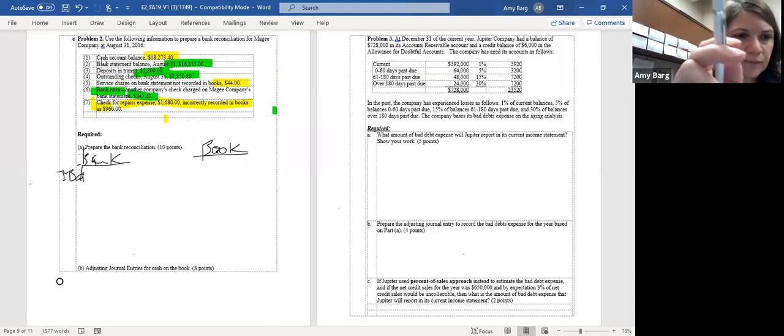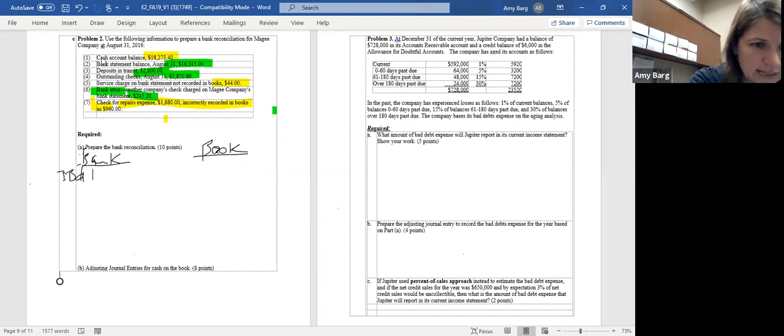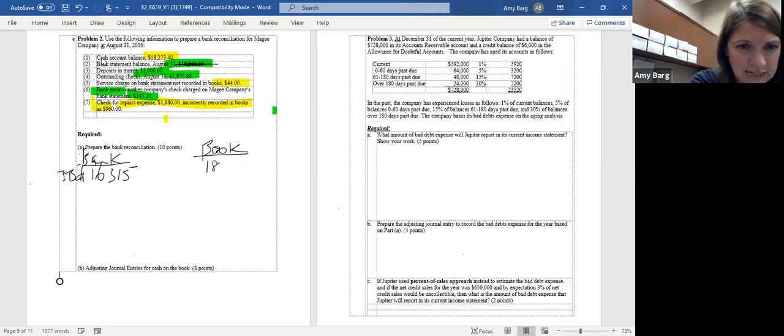So the beginning balance on the bank side is $16,315, and I like to cross things out as I use them. The cash balance account, that's a book thing, so that is $18,273.40.